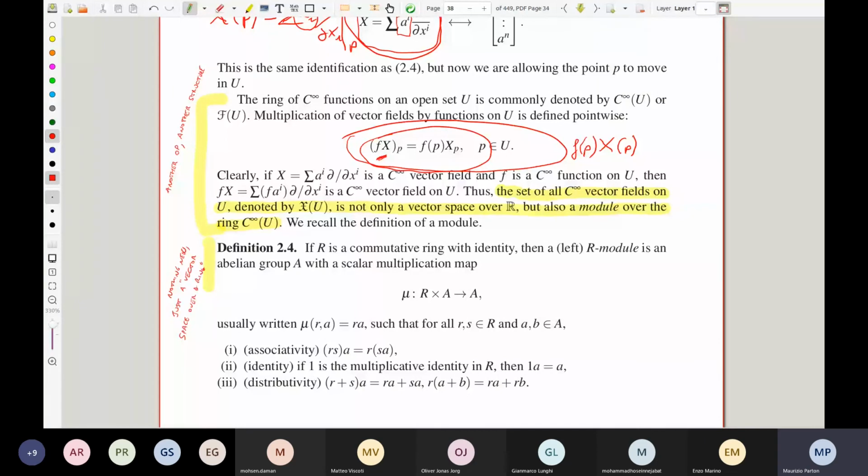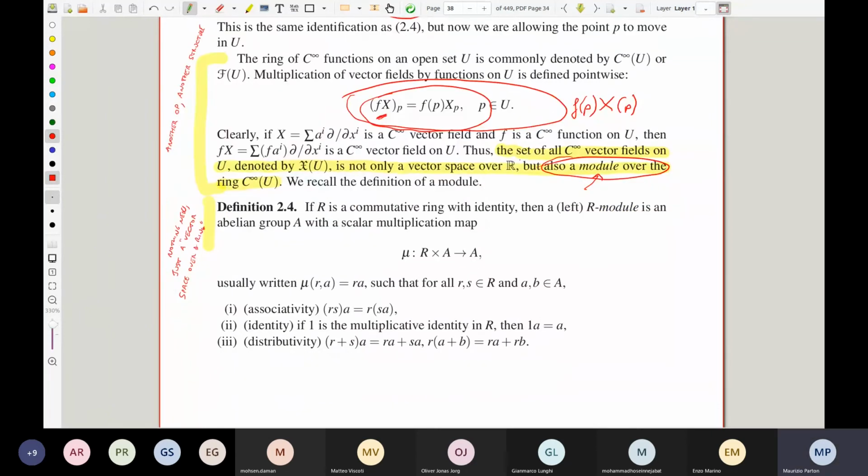Functions are not like that. So you give this kind of structure another name. We call that a module over the functions, because the functions have the structure of a ring, not a field. But we are going far this way, just to tell you the reason why there are these sentences.